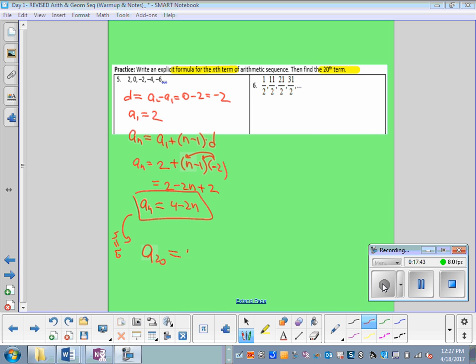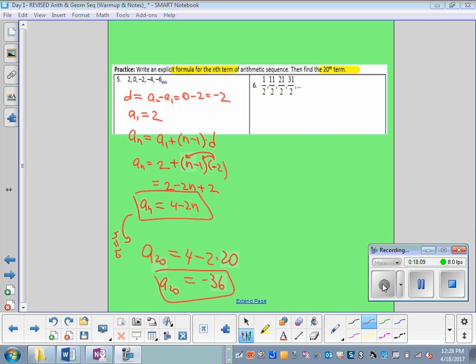So 4 minus 2 times 20, which is 4 minus 40, which is negative 36. So A20 is negative 36. Now I'm done with my problem: explicit rule, 20th term. Questions?